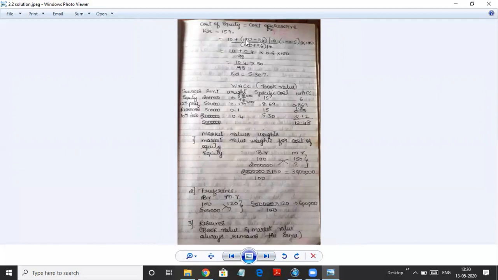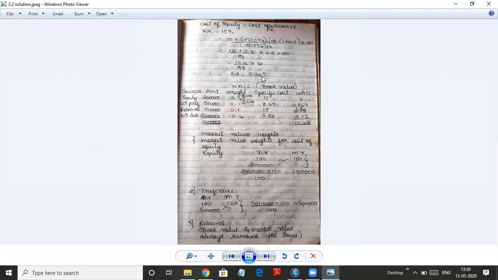Face value 100, that is your redeemable value, minus net proceeds 96. This is the value at which the debentures have been sold, divided by 10 years. So we have to put the values in these formulas, multiplied by (1 minus tax rate), which is 50%. You get KD as 5.30.